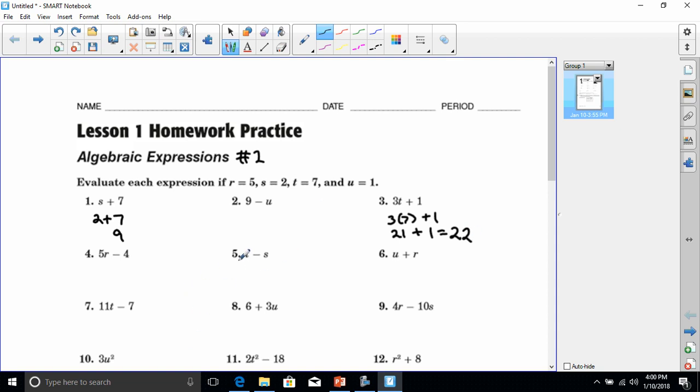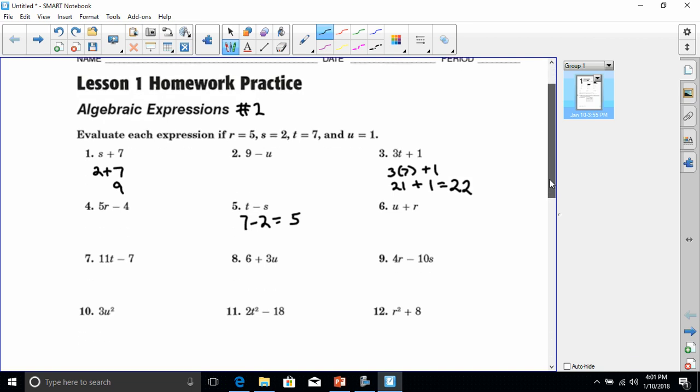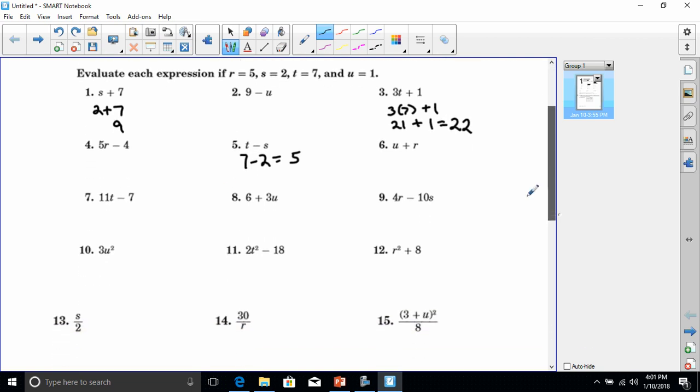Let's see, number 5 says t minus s. Well, if t is 7 and s is 2, that's simply 7 minus 2, and that's going to give us 5. All right, let's go ahead and hit number 7. Number 7 says 11t minus 7.